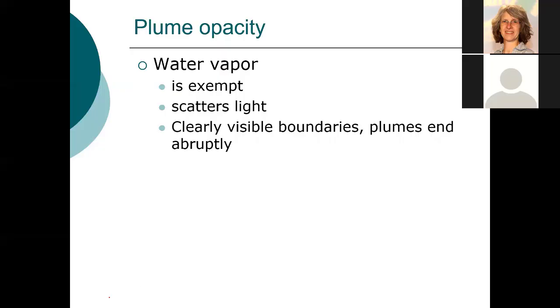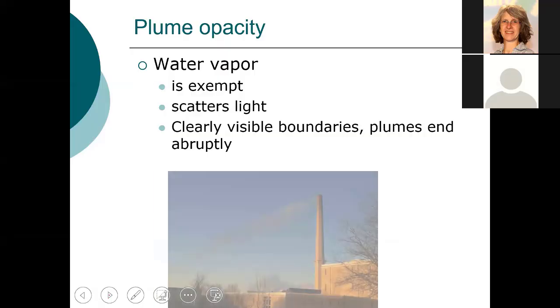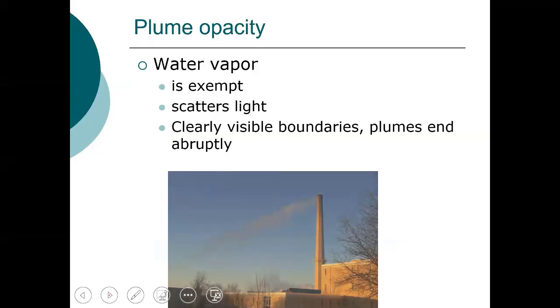And typically what you see with water vapor is you see clearly visible boundaries of your plume. And the plume tends to disrupt very abruptly. And you can see it here. If there's particulates, you'll tend to see more of a tan color in the plume.